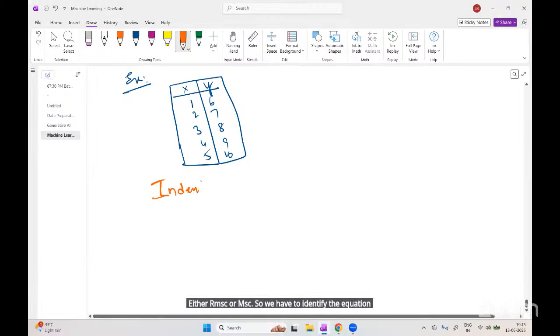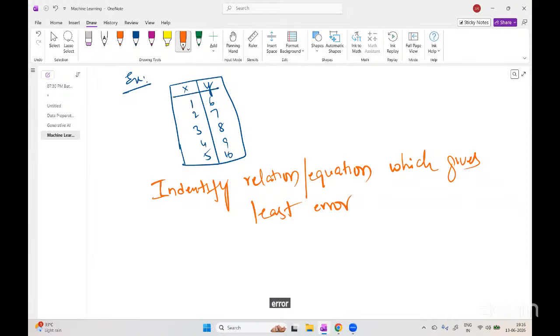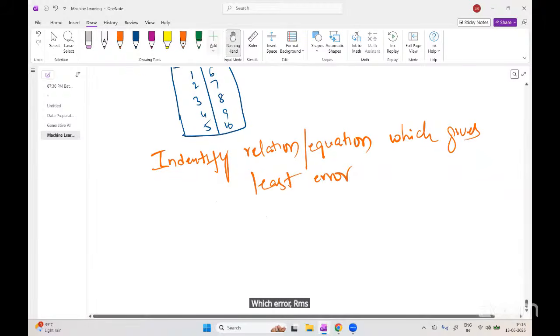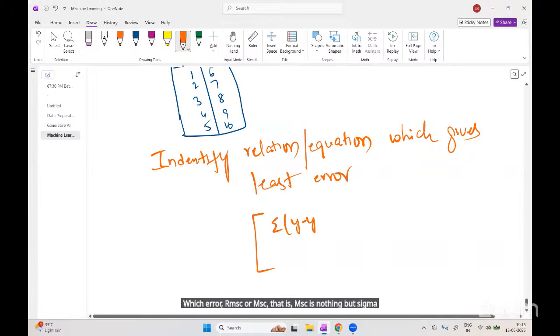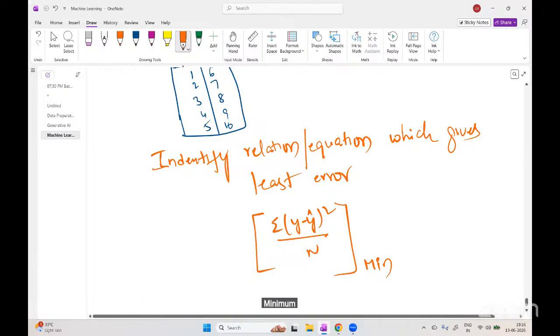Identify relation or equation which gives least error. Which error? RMSE or MSE. That is, MSE is nothing but sigma of (y minus y hat) whole square divided by n. This one I want minimum. Minimum MSE I want.